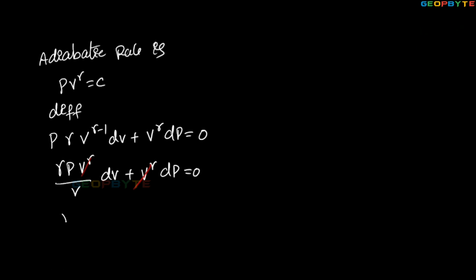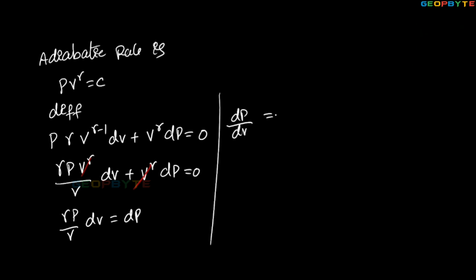Finally, it is gamma P by V into dV equal to minus dP, or dP by dV, when you bring it to the right side, it is becoming minus. dP by dV equal to minus gamma P by V. That is the slope of the reverse adiabatic curve. Look at the slope of the reverse adiabatic curve. It is gamma times the slope of the isothermal curve.